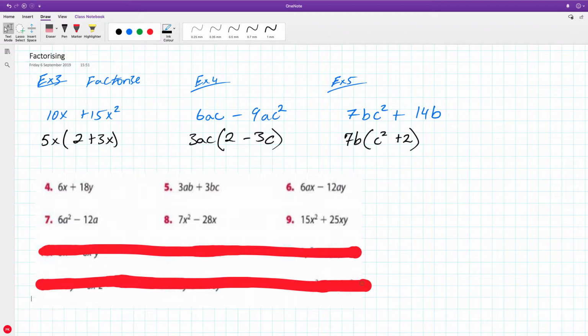Just so you know what you're doing, when you're looking at factorising, it's based on factors.